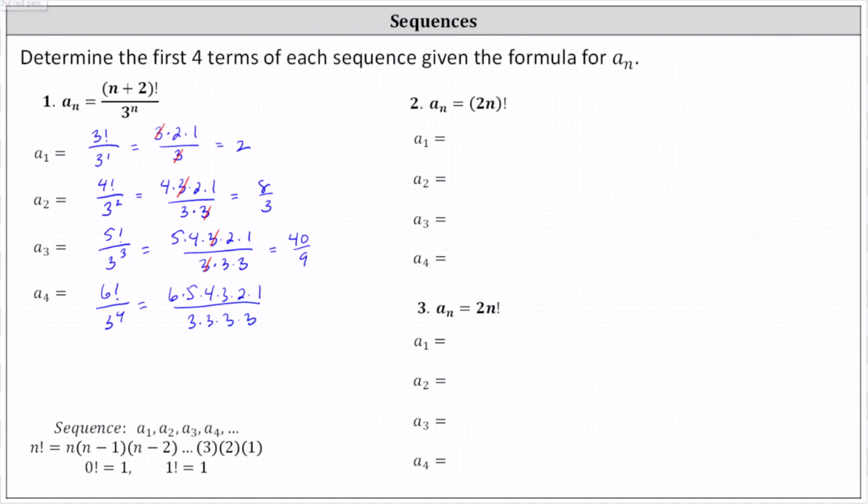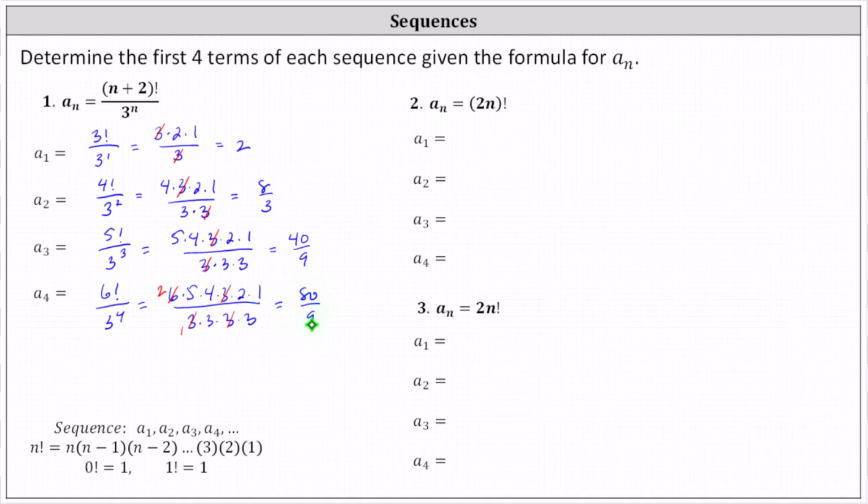Simplifying, 3 divided by 3 simplifies to 1. But also notice 6 and 3 share a common factor of 3. There's 1 3 in the 3 and 2 3s in the 6. Nothing else simplifies. 2 times 5 times 4 times 2 times 1 equals 80. And 3 times 3 equals 9. A sub 4 equals 80/9.